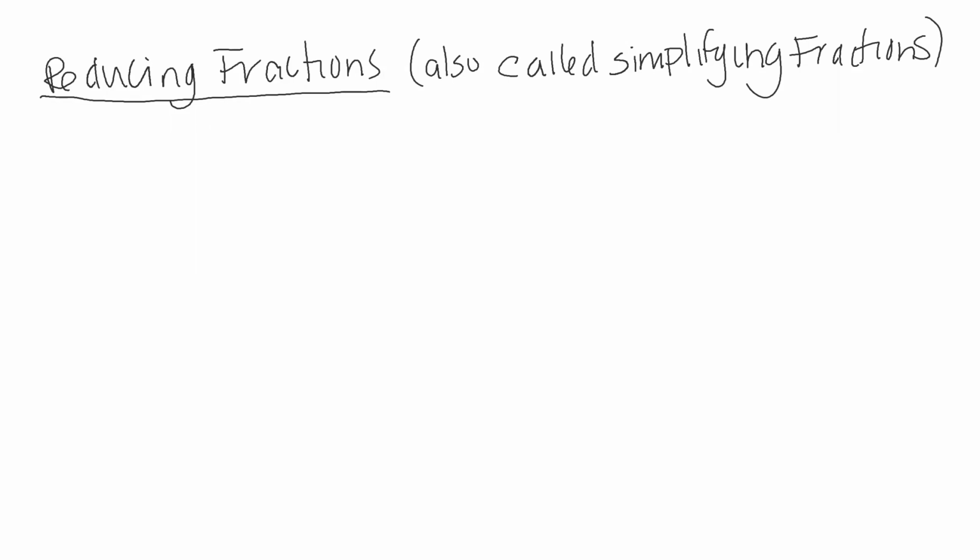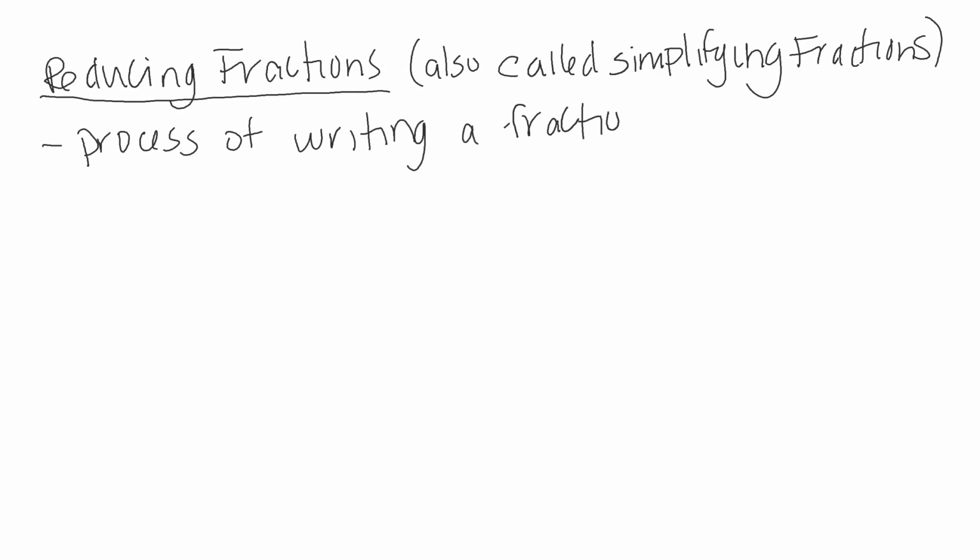So this here is the process of writing a fraction in lowest terms. Now, lowest terms, you might not be familiar with that. So lowest terms is when we write the fraction so that the numerator and denominator have no common factors other than 1.